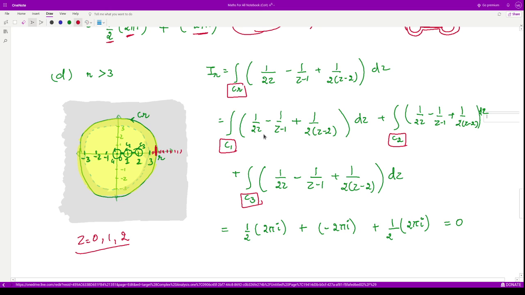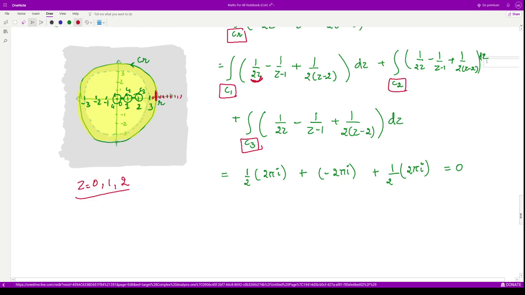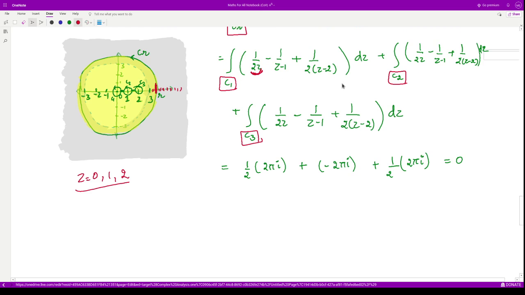Here we perform the integration firstly with respect to C1. For C1, for this term, we have the quantity 1 by 2 into 2 pi iota, and for the rest of the 2 terms, it would simply be 0. So we only have this term. For C2, this and this are analytic inside C2, so it is 0.